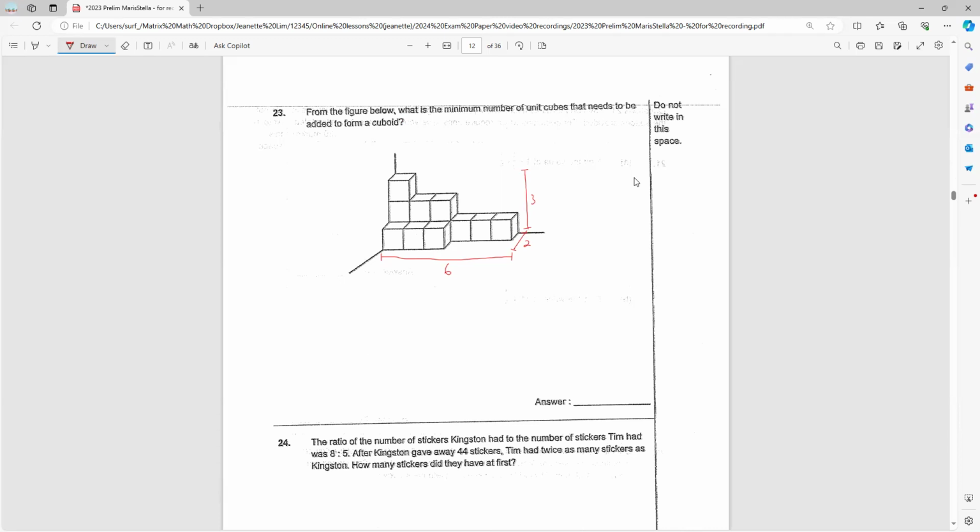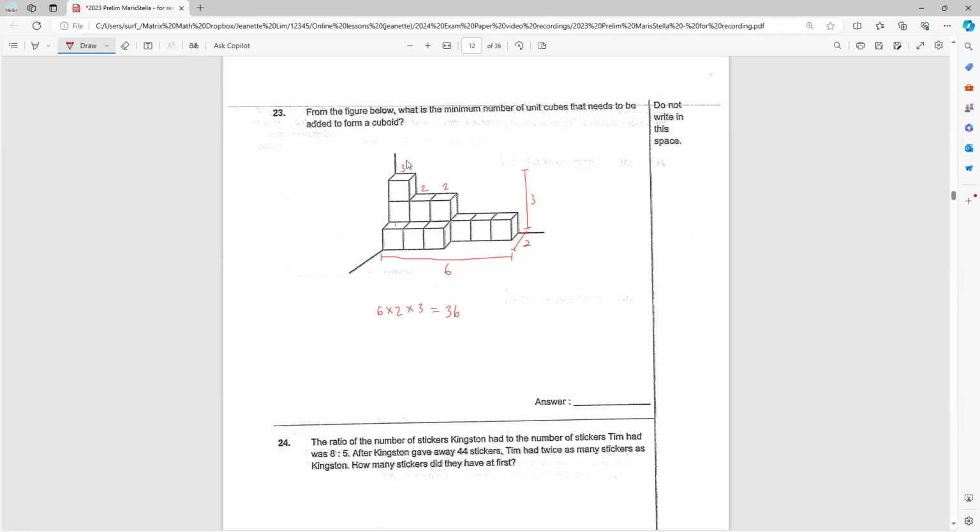So the total you need is 6 times 2 times 3, which is 36. You need 36 squares. Let's count how many squares do we have. Now I count by layers. So let's say the tallest, no, I count by columns. The tallest column has 3. Second tallest has 2.